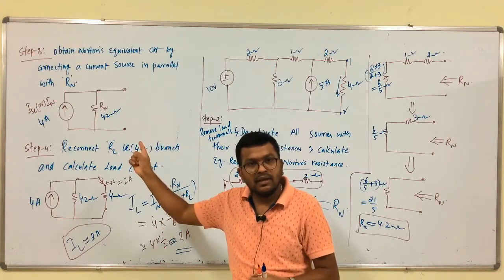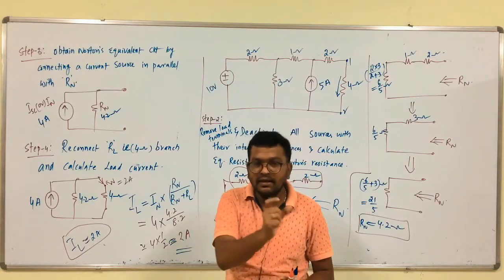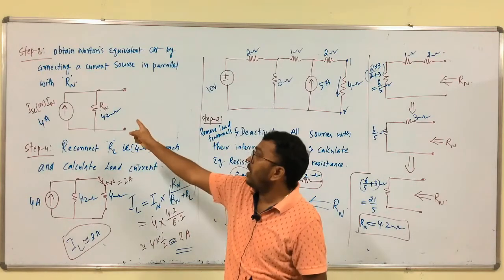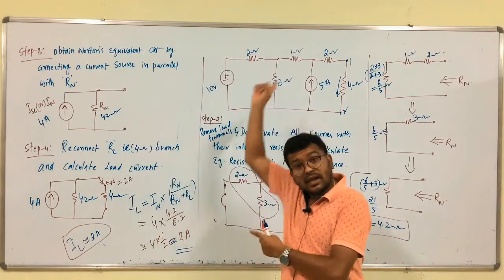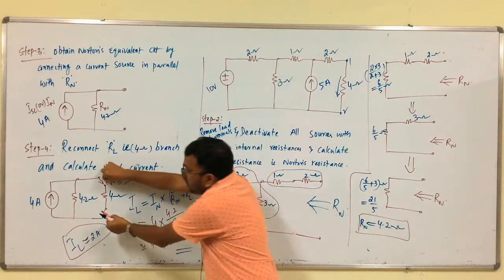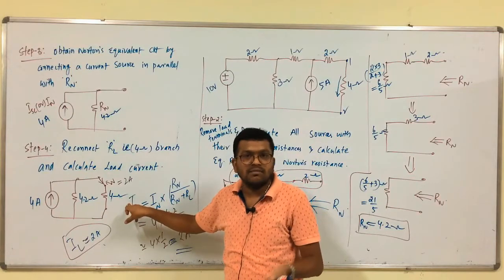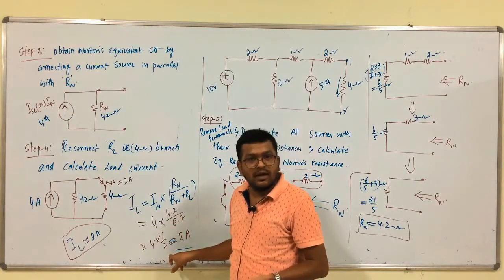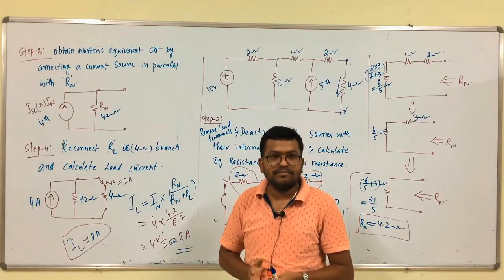Then step 3, we have to obtain the Norton's equivalent circuit by connecting the obtained short circuit current and Norton's resistance, which are connected in parallel. In step 4, we have to reconnect the removed load resistance across these two terminals and calculate the current through that branch. That current is nothing but the load current. This is the formula to get that load current. Like this, we have to solve the problem by using Norton's theorem.